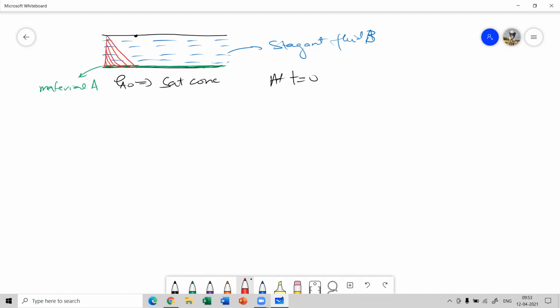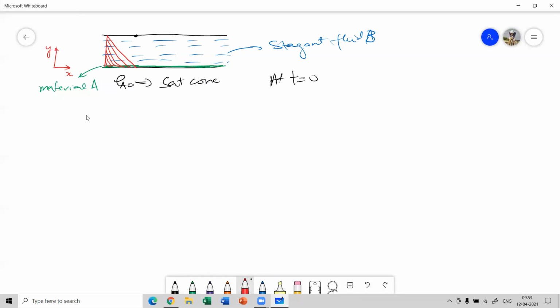So as it reaches over here, A undergoes a rapid chemical reaction. The solubility of A is low, and it will follow a linear distribution under steady state conditions. Over here, let me show the axis, it's again the same axis of x and y.